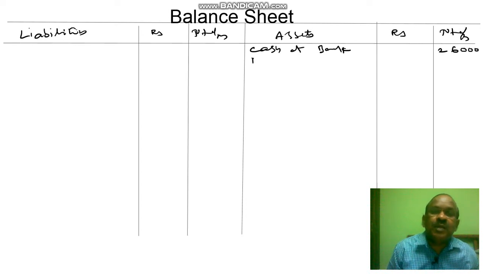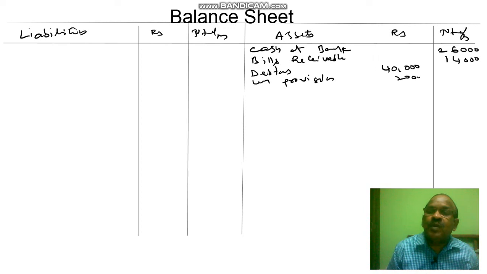Next, bills receivable. Here the bills receivable is 14,000. Next one is debtors. Here the debtors is 40,000 less provision, that is 2,000, 38,000. Next one is the stock, 30,000.